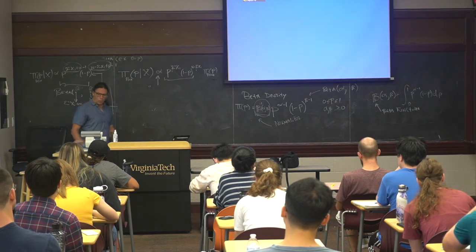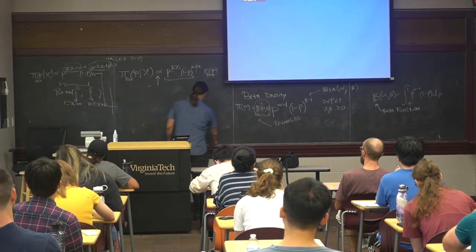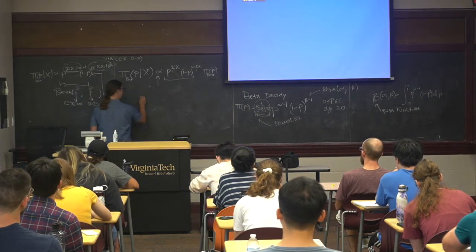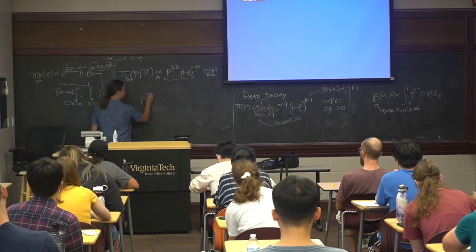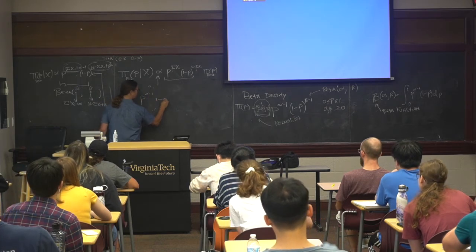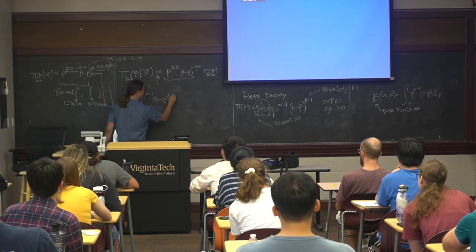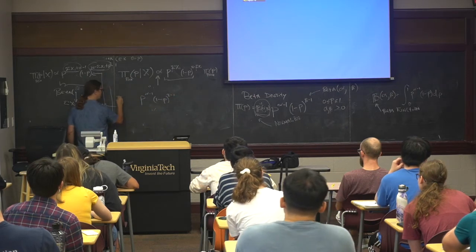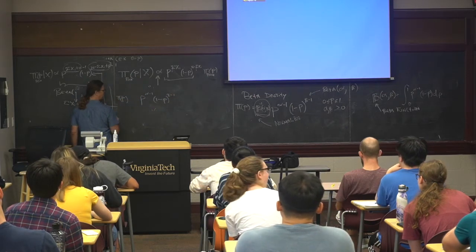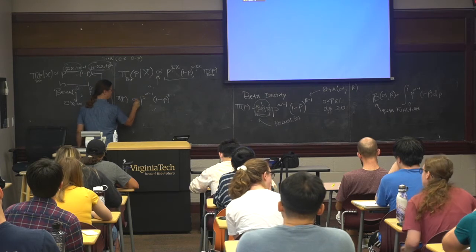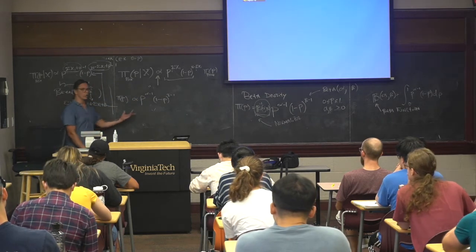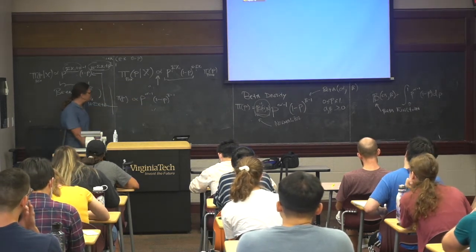I want to point out real quickly that P to the alpha minus 1, 1 minus P to the beta minus 1, this prior that we're using, I'll say proportional to that, this is the kernel, has a beta function that normalizes it.